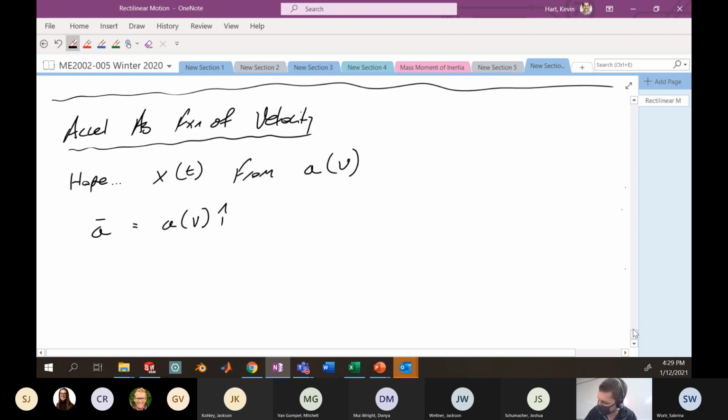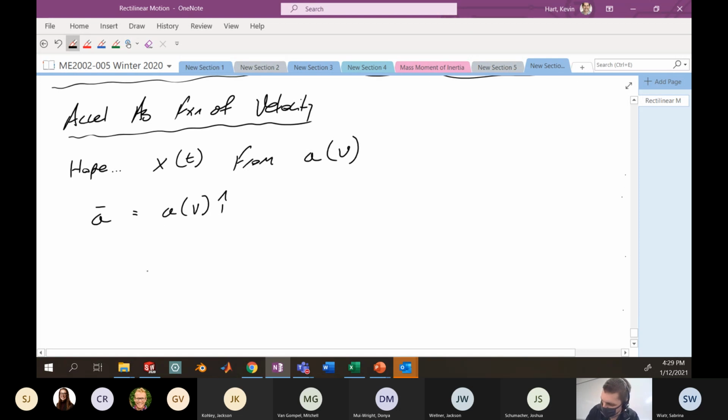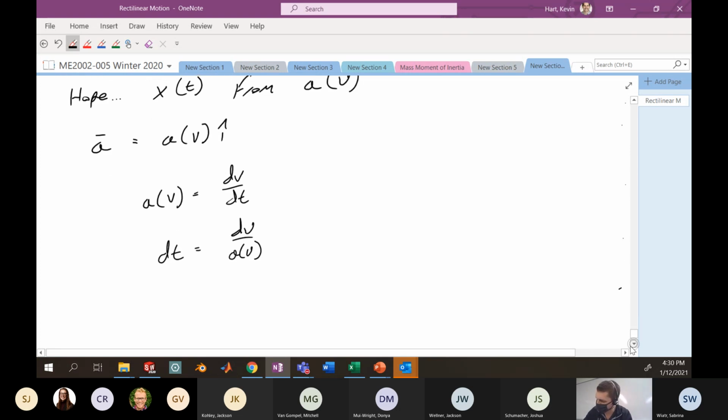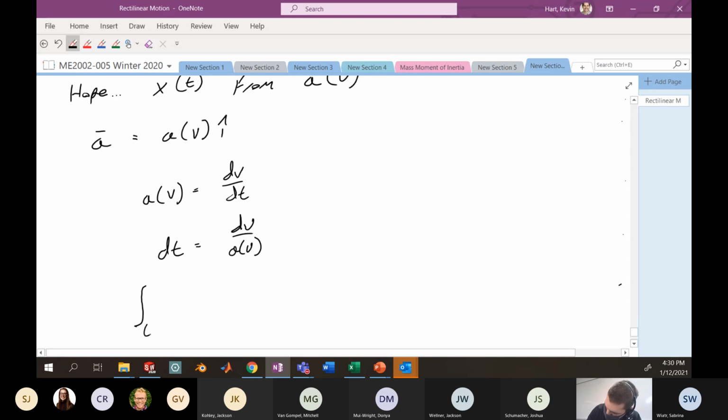So now we kind of have two paths where we're roaming down simultaneously. We have acceleration as a function of velocity, and we know that my acceleration is dv/dt. Can rearrange, get all my like variables on the same side. All my times on the left, all my velocities on the right. Integrate from some initial time to some final time. Integrate on the right from some initial velocity to some final velocity.